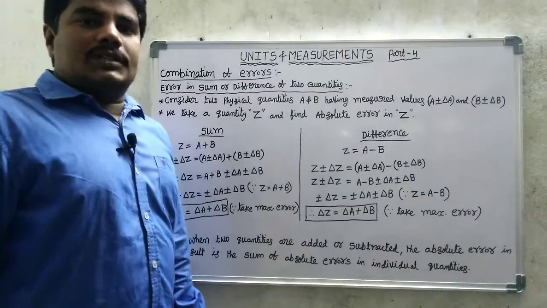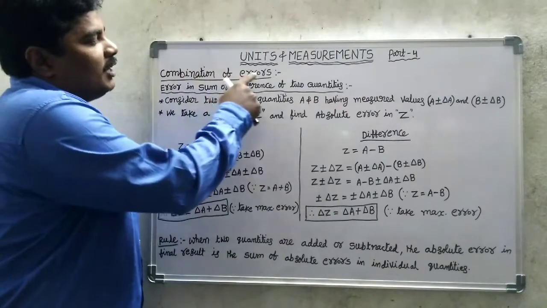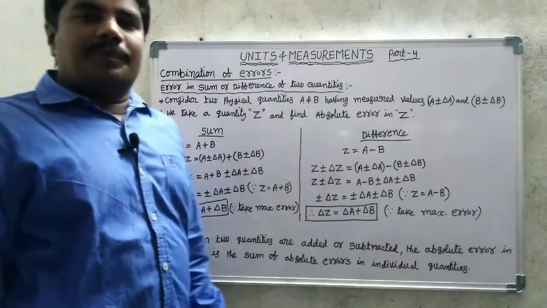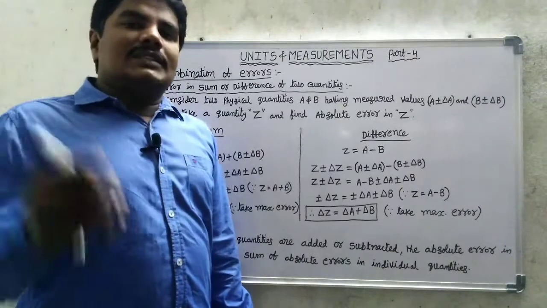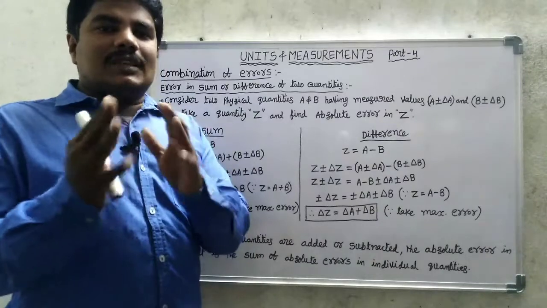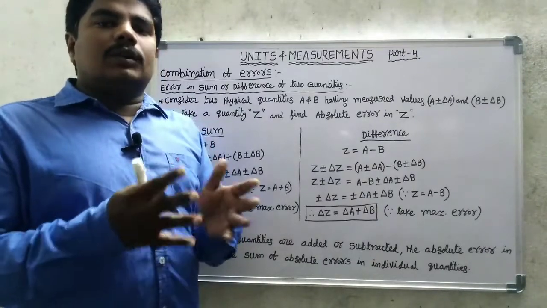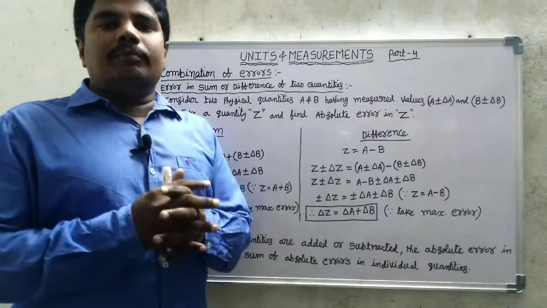Good evening, students. In this session, we learn about combination of errors. While performing an experiment, we take several measurements. All those measurements have some error. So, the final result will also have some error.